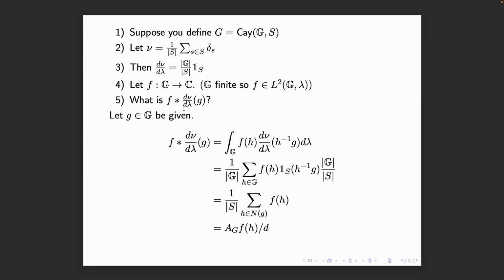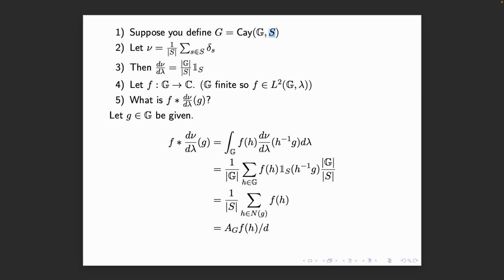Now, what is the significance of this d nu d lambda? So let's say we have a Cayley graph defined with respect to a generating set, so not with respect to a measure. I'm going to show the equivalence of the two definitions. We're going to define a probability measure on the elements of the generating set.